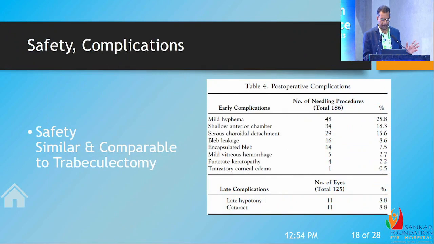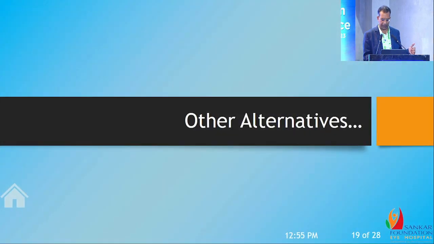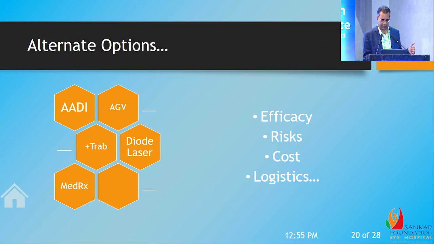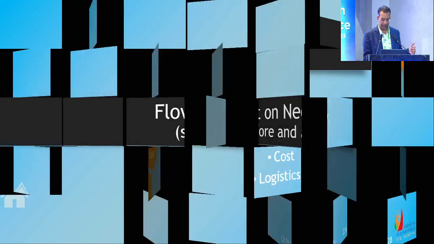Then the complications are similar to trabeculectomy. Mild hyphema may be there, or shallow anterior chamber, or serous choroidal detachment, mild vitreous hemorrhage, punctate keratopathy, corneal edema, all these factors could be there. And then the alternate methods may have to be used.